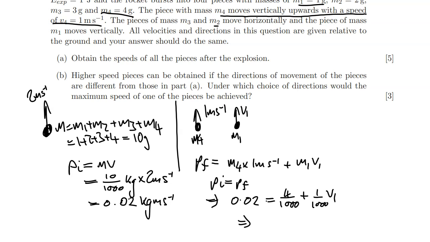Then we can solve this equation for v1 by typing the numbers into our calculator, and you should find you get 16 meters per second.